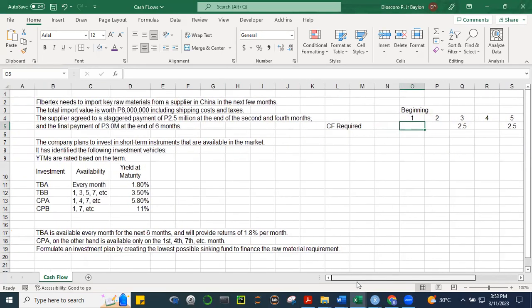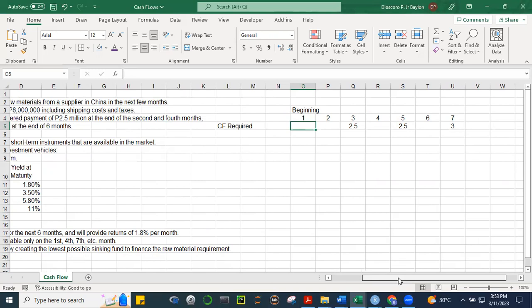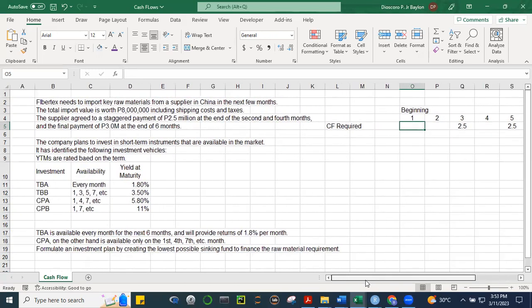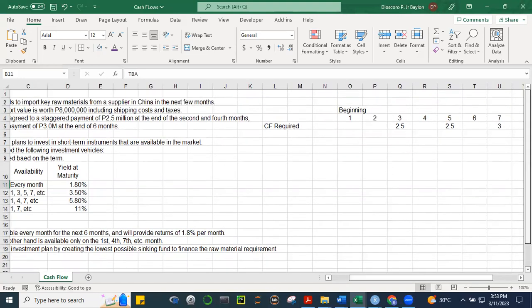Let's now identify our decision variables. What is it that we want really? What are our decision variables? These are your investment vehicles. For TBA, Treasury bill type A, when can we invest in TBA?